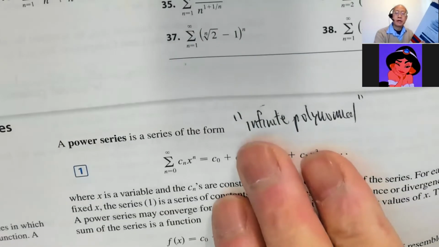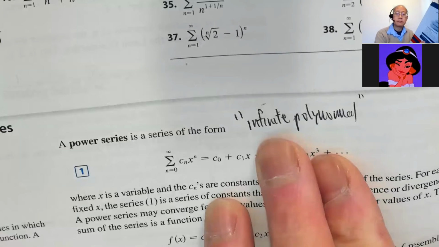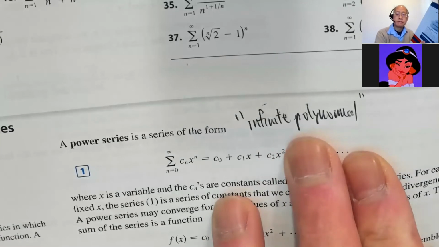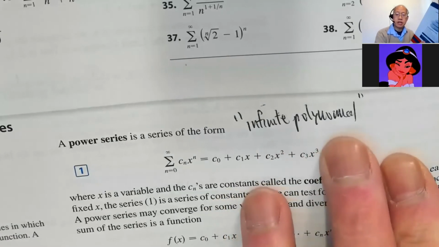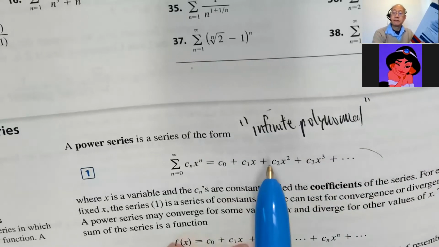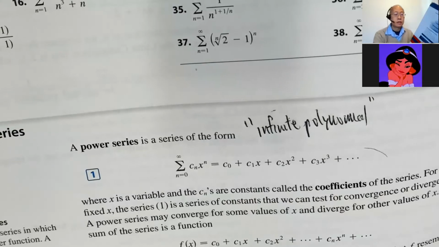If I stop at C0, that's a constant. If I stop at the next term, it's linear, like y equals mx plus b. If I stop there, that's a quadratic. If I stop there, it's a cubic. Well, imagine that it never stops. You have an infinite polynomial with coefficients.